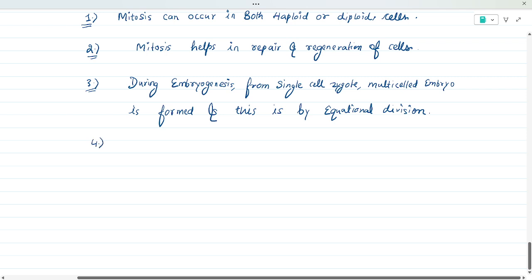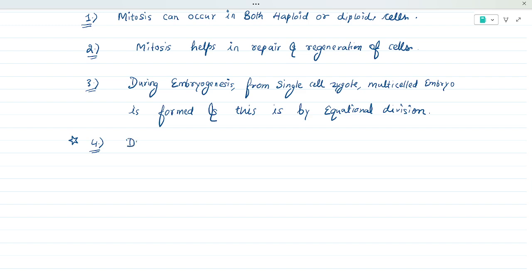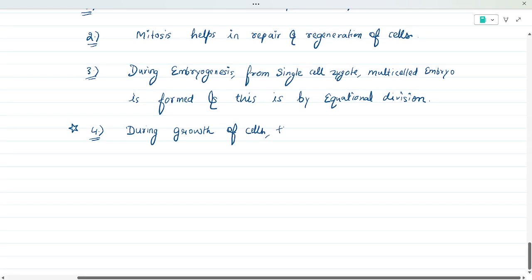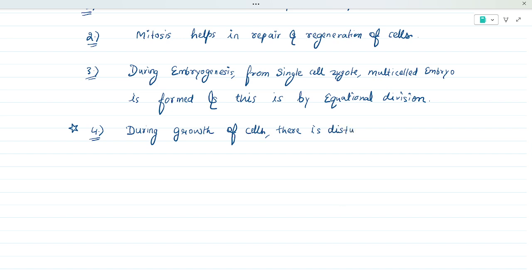And most important point, during growth of cells, there is disturbance in ratio between nucleus and cytoplasm.